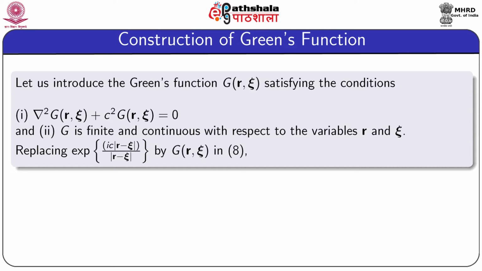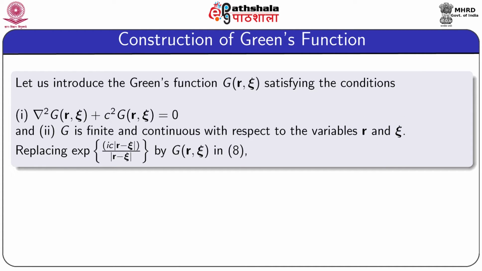Now, we want to introduce the Green's function for the Helmholtz equation. For that, the function g has to satisfy the following conditions. It will satisfy the Helmholtz equation, which is written in 1, and g is finite and continuous with respect to both the variables r and xi.